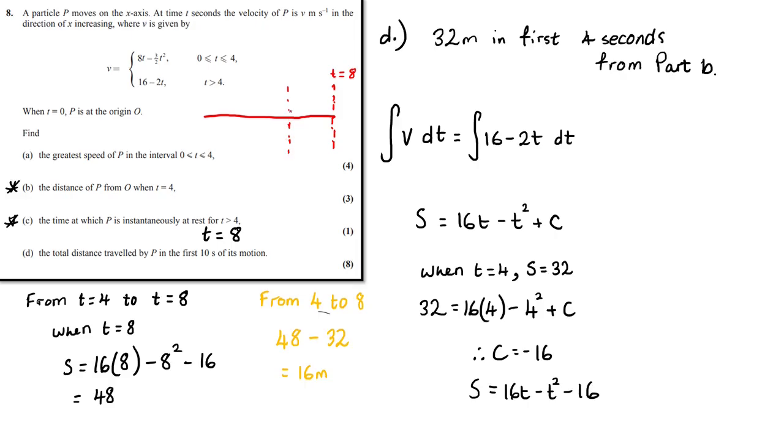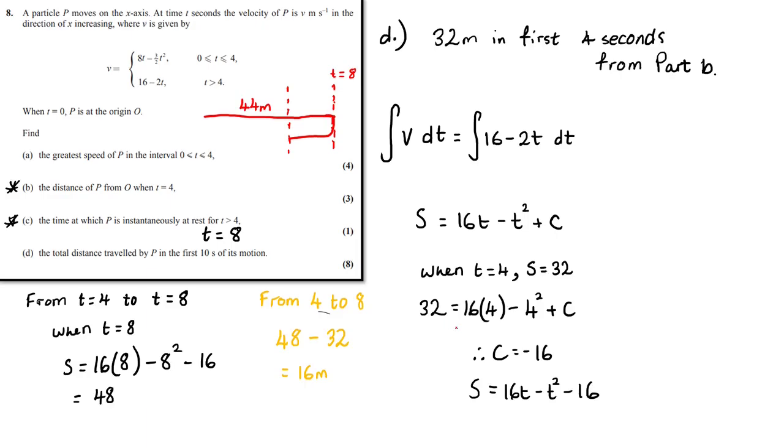The direction changes, because that's when P is instantaneously at rest, when t equals 8. So essentially it goes backwards. What we've worked out so far will be 44 meters. What we need to do now is consider this final part here, from 8 to 10.